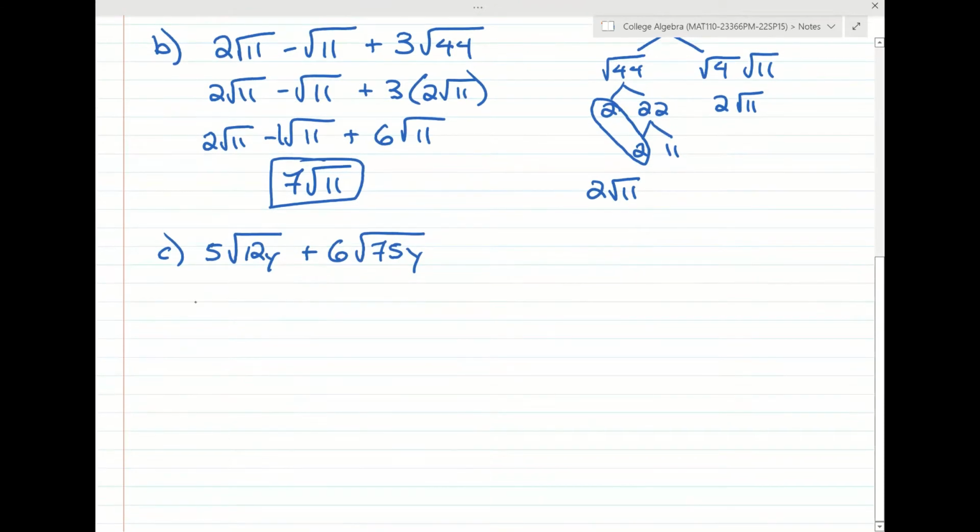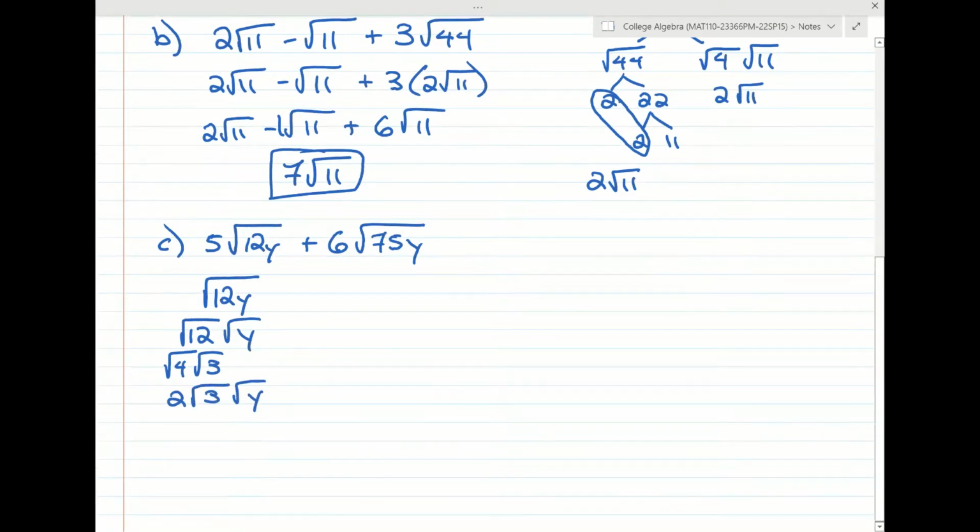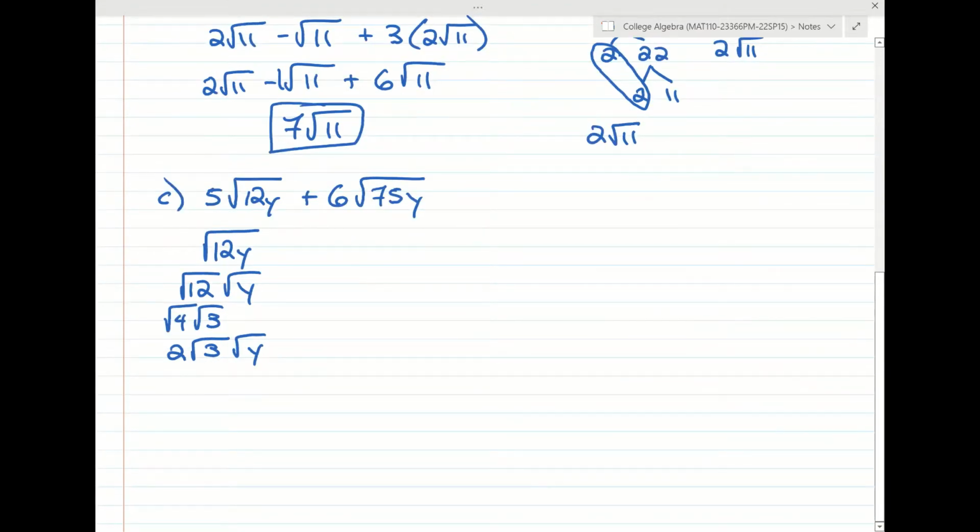So the square root of 12y is the same thing as the square root of 12 times the square root of y. You can't simplify the square root of y, but the square root of 12 we could write as square root of 4 times the square root of 3, or 2 root 3 times root y. So the square root of 12y is just 2 square root of 3y.